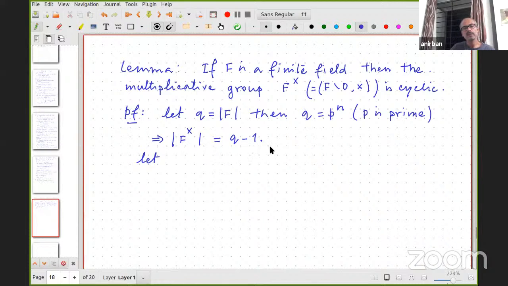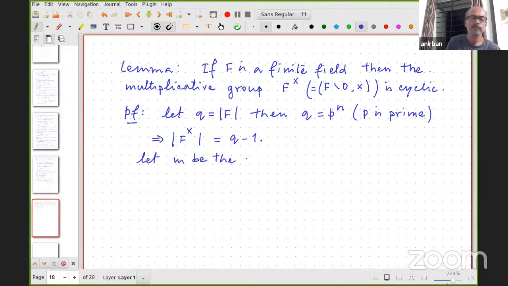That will tell us that this group is cyclic. We need a generator. So we need to find an element whose order is equal to the order of the group. So let M be the maximal order of an element in F multiplication, in this multiplicative group.